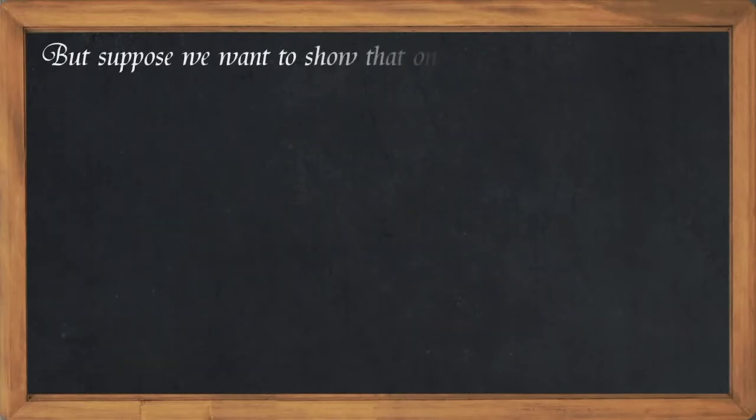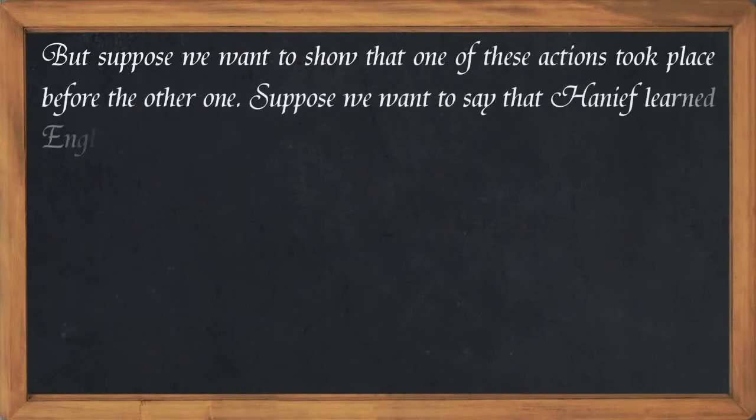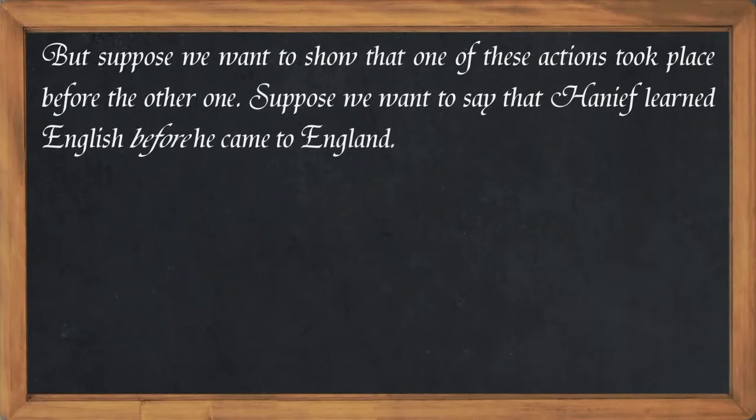But suppose we want to show that one of these actions took place before the other one. Suppose we want to say that Hanif learned English before he came to England. Tetapi misalkan kita ingin menunjukkan bahwa salah satu dari tindakan ini terjadi sebelum yang lain, misalkan kita ingin mengatakan bahwa Hanif belajar bahasa Inggris sebelum dia datang ke Inggris.